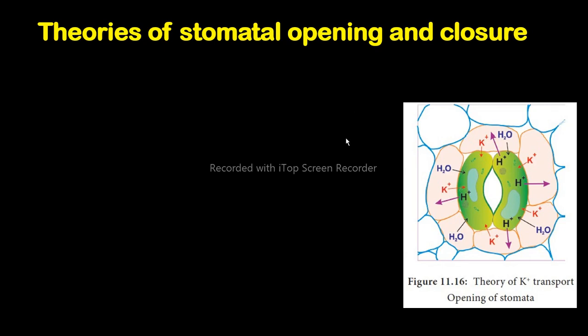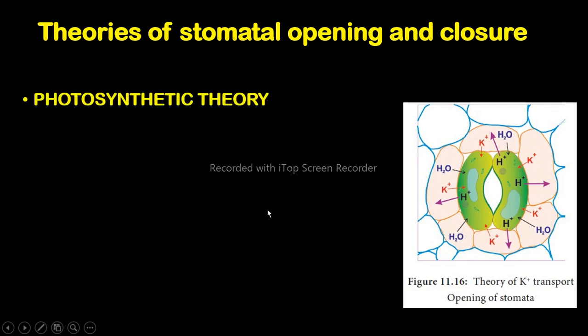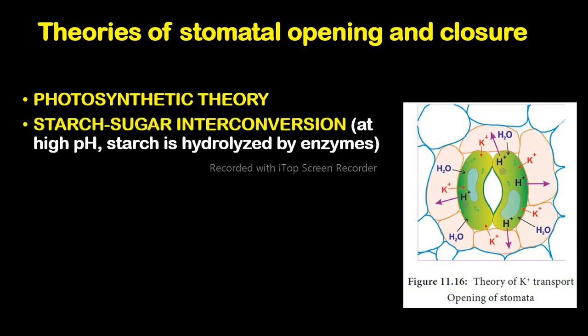We are specifically on plants, where we saw that plants carry out gas exchange through the openings in the leaves called stomata. And we agreed that the opening and closure of the stoma must be regulated. And so we are on theories that try to explain how the stoma is opened and closed.